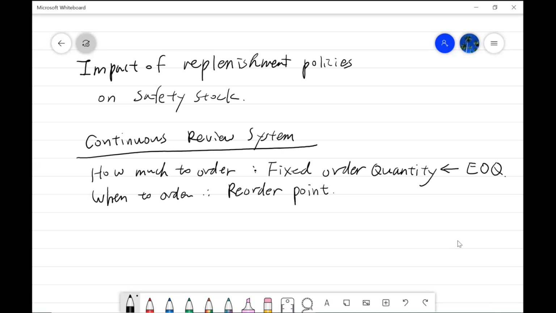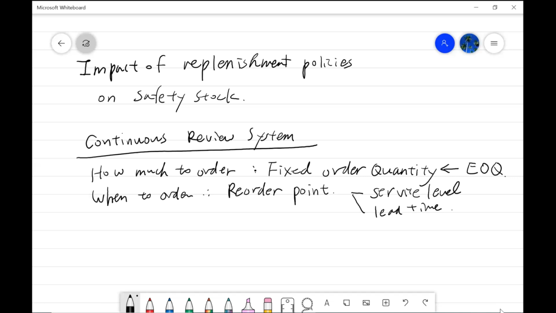How? By considering two things, the service level and also the lead time. Let me get that right, how we can decide it. The EOQ we already handled; all you have to do is follow the classic EOQ formula.